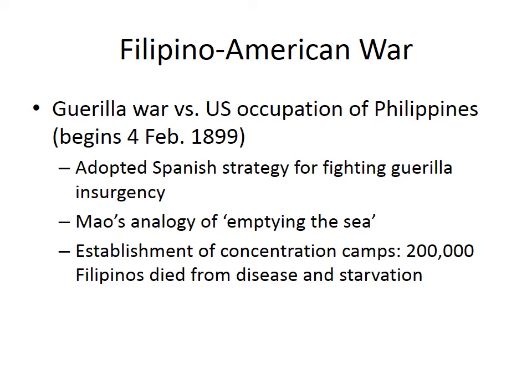And so the United States is going to adopt the Spanish tactics in fighting the insurgents, which you see here, Mao's analogy of emptying the sea. The problem with an insurgency, and we're going to deal with this again as we go through U.S. history, particularly in the Vietnam conflict and in the current conflict with the radical elements of the fundamentalist movement, is that it's difficult to differentiate between civilian population and military population.